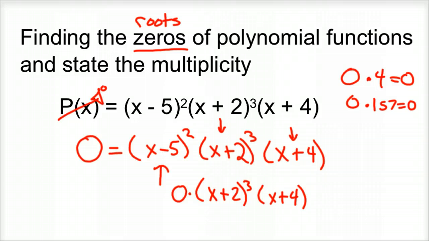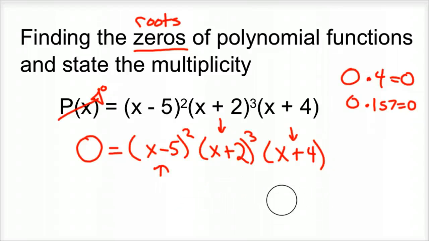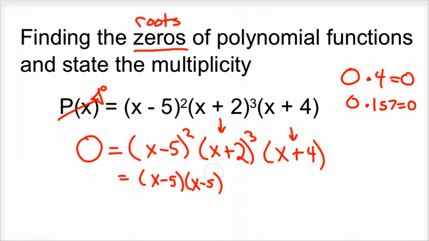So what we're going to do is set each binomial equal to 0. You also have to take into account that (x minus 5) squared really has two of those. The same root occurs twice in the problem. This one, there's three of them: (x plus 2) is to the third power.